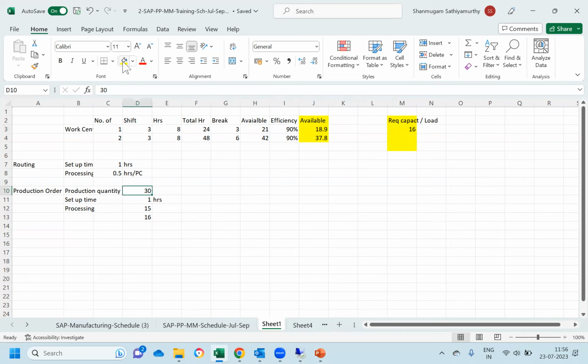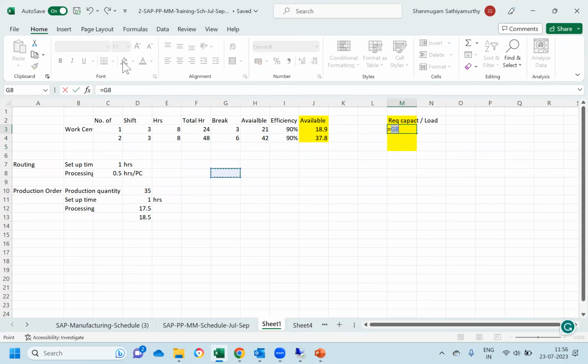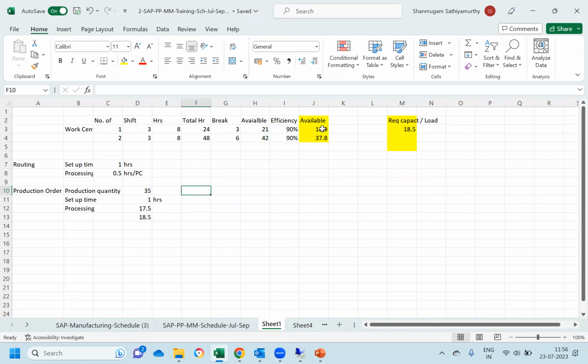Suppose I get a quantity of 35, my load becomes 18.5, and this is just to match my capacity. Suppose I get 40 numbers as order, then my capacity is occupied more, which means there is a capacity limitation.